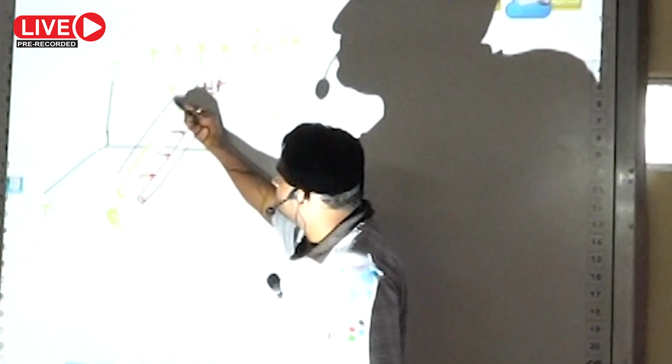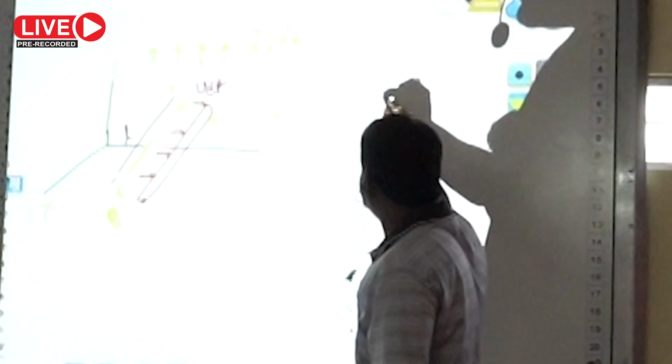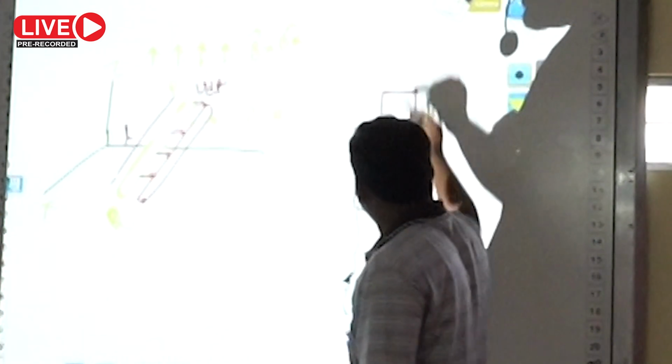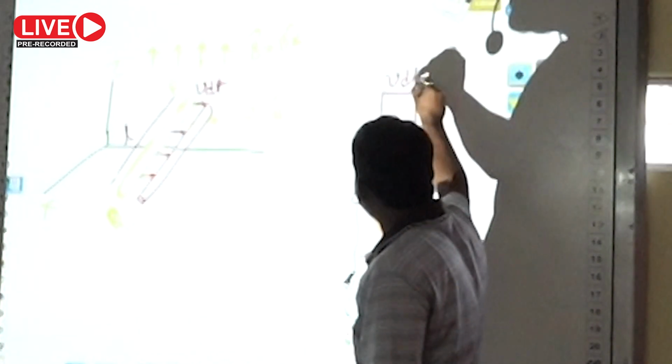Now, what is the length of the rod you consider? L. This entire length. So this area is actually like this. This is v dt, this is L. So what is this area?